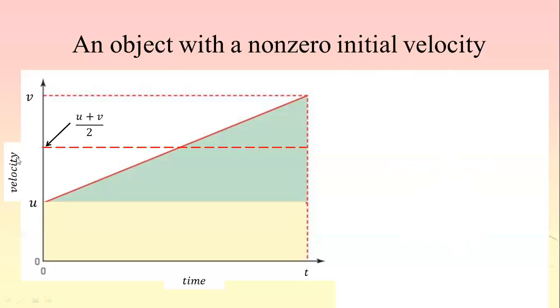What does that mean? That means if you look at this graph over here, the time it takes for the velocity to change from u to this average value of velocity, from this point going here, will be equal to this time interval over here, from this point going to t, because that time interval is the time it takes for the velocity to change from the average value going to the final value v.